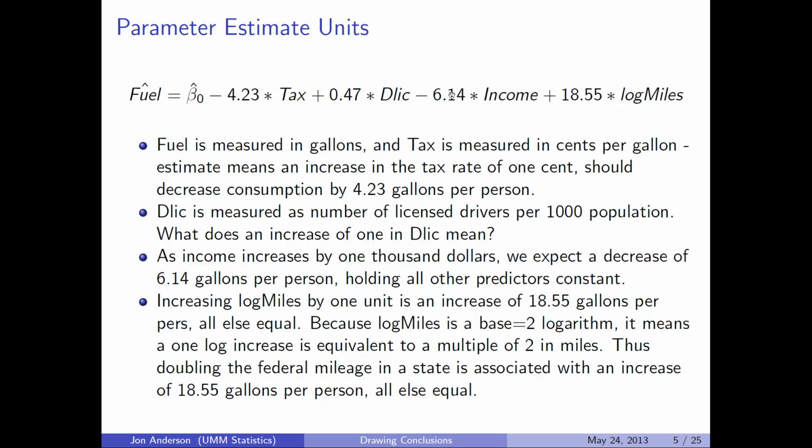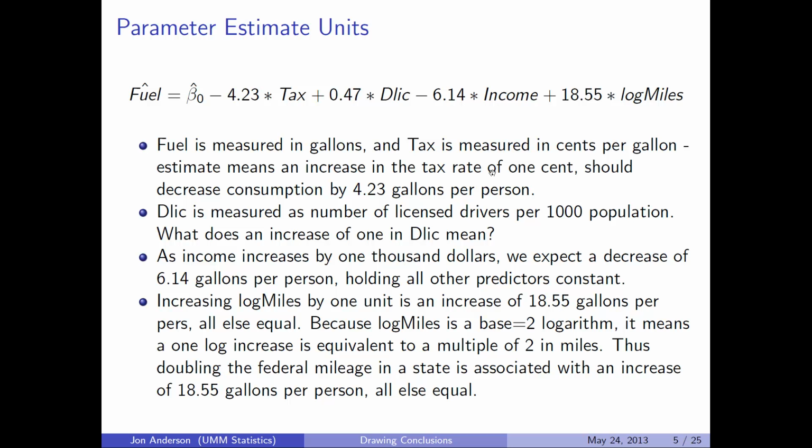This is like gallons per person for every dollar in income is basically what we would interpret these coefficients to be in this particular case.